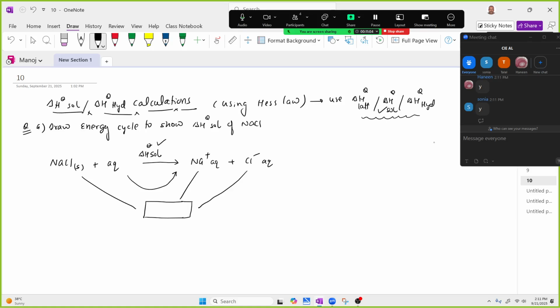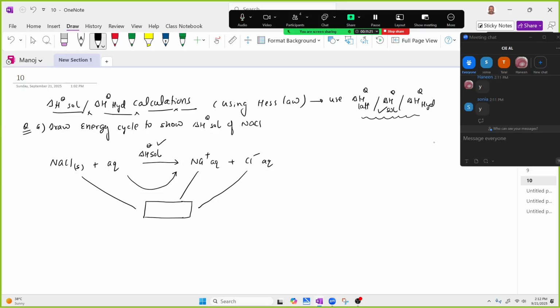Now if you go back on your notes and check how we write hydration equations, and how we write lattice equations, check who is on the left and who is on the right.